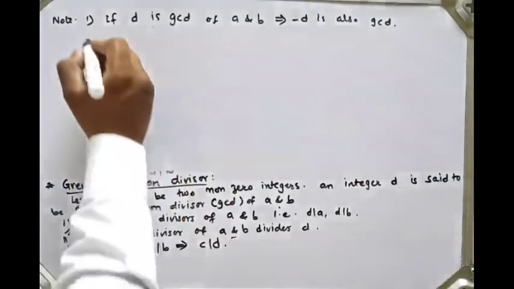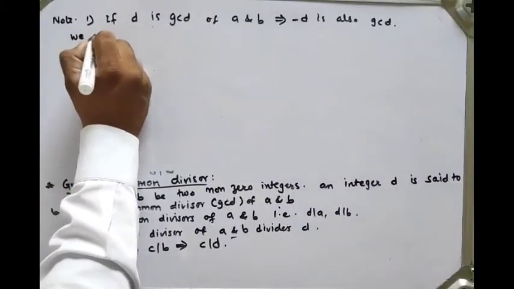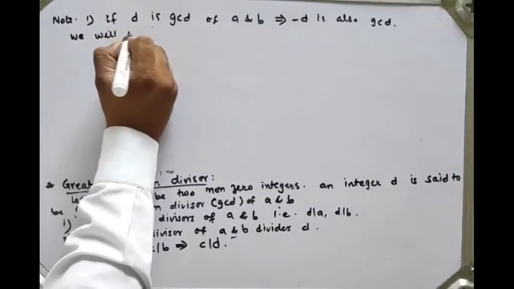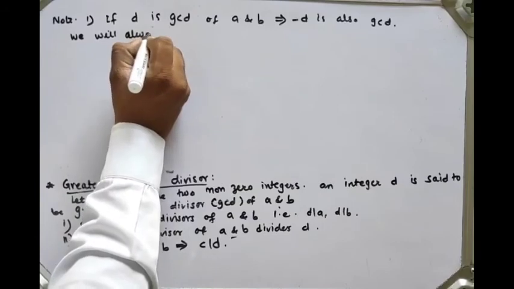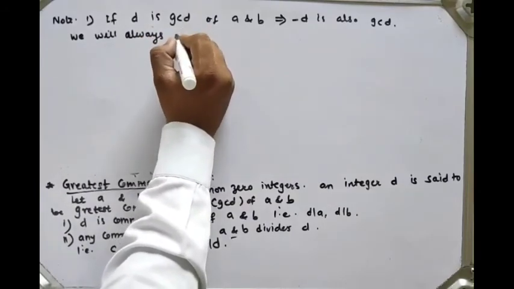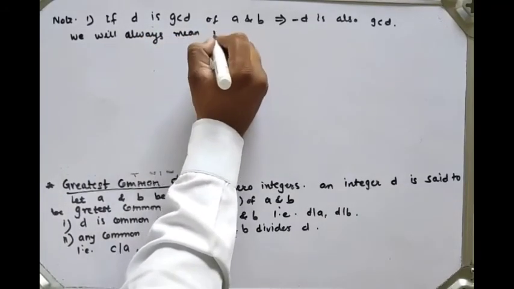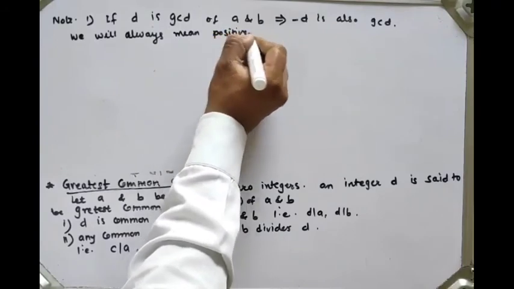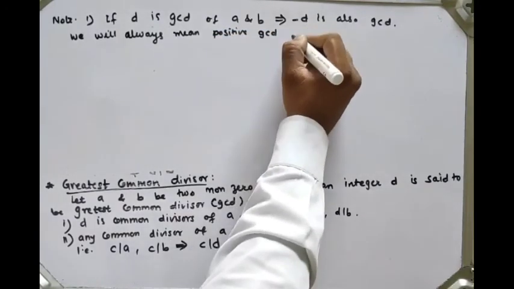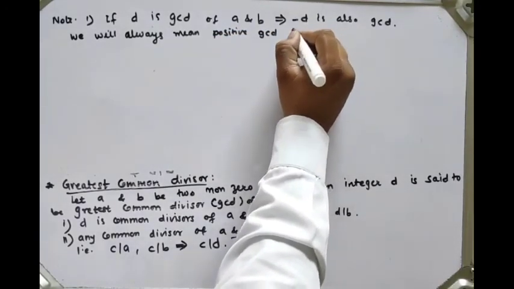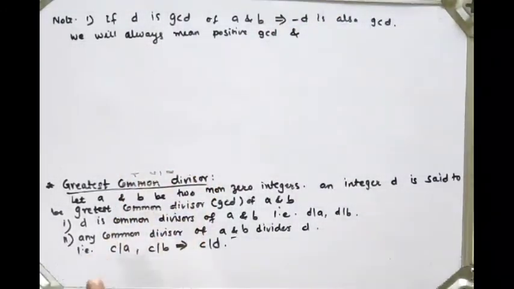So we will always mean the positive GCD. Therefore, we always want the positive GCD, right?